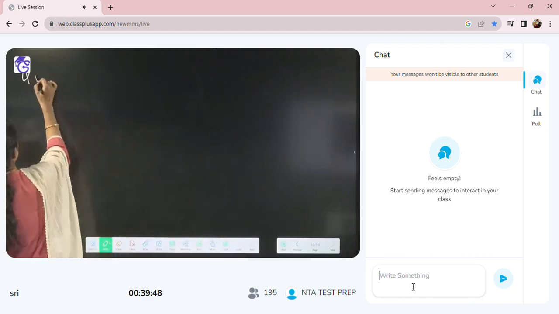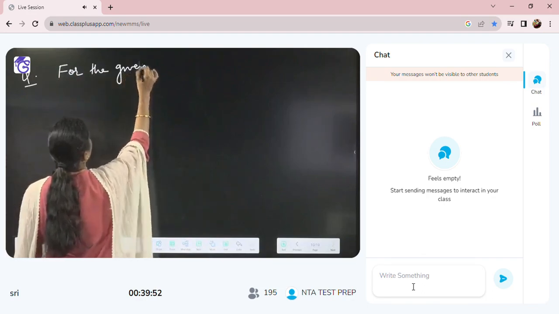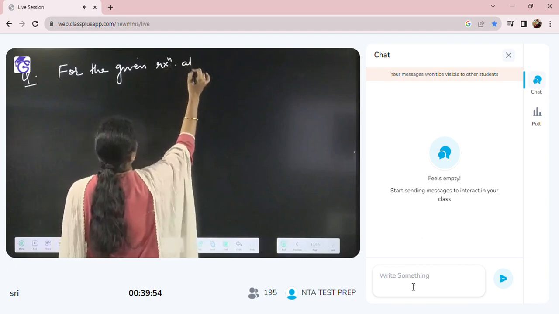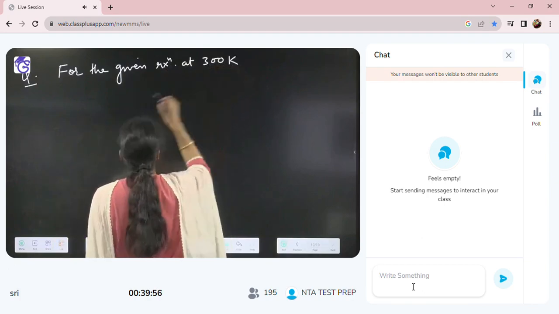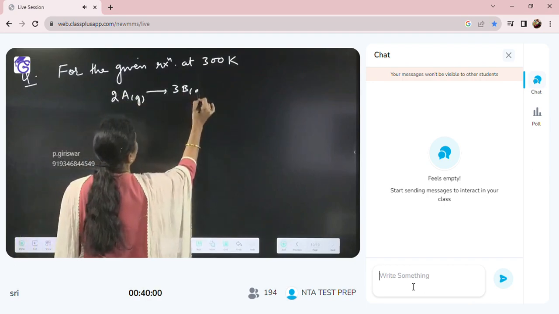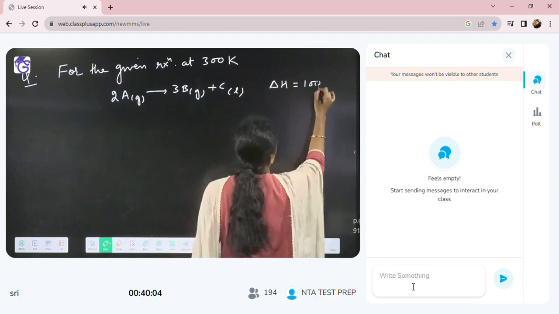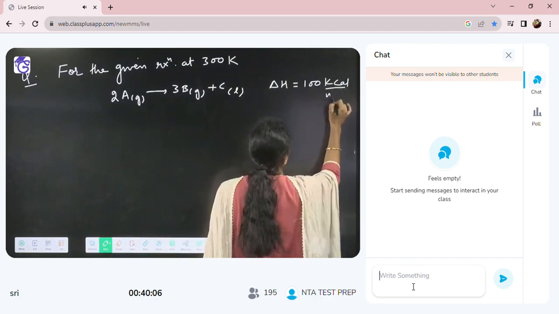Now let us go for one more question here. For the given reaction at 300 Kelvin, 2A gas giving you 3B gas plus C liquid, delta H is 100 kilocalorie per mole.